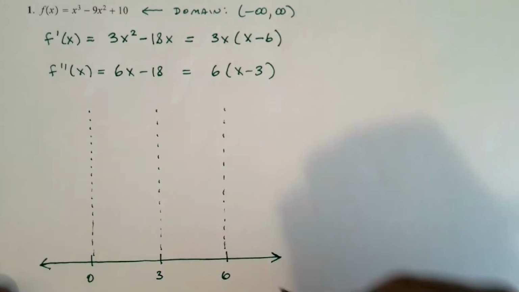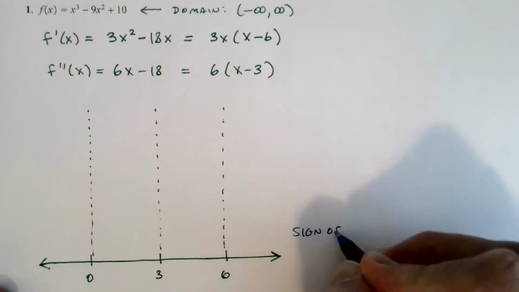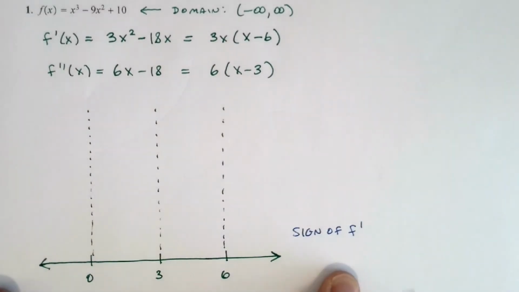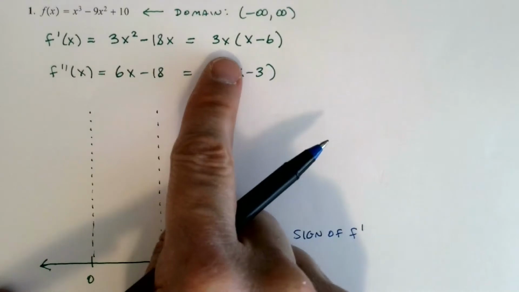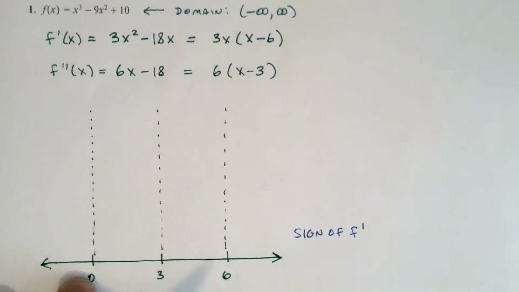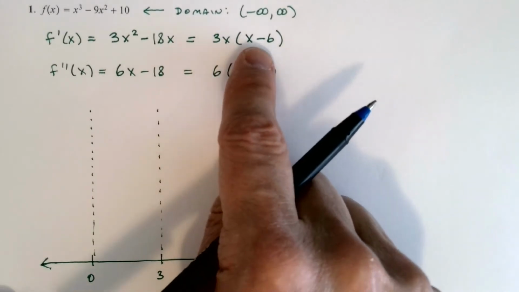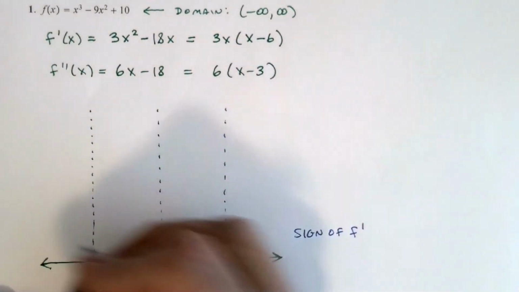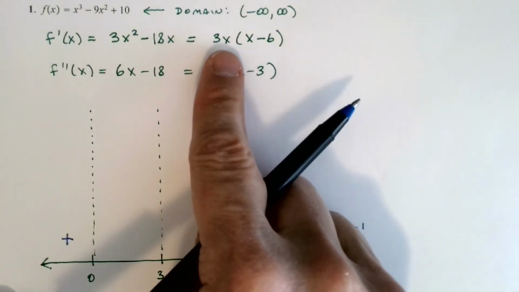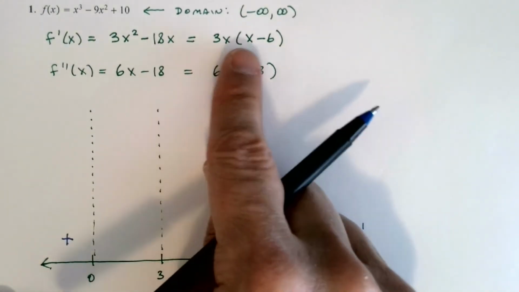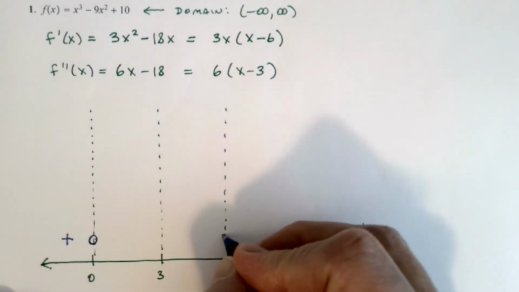So if I look at my first derivative, here's my first derivative. I can use this or this factor form. If I plug in something less than 0, like a -1, I'll get -3 times -7. Negative times negative will give me a positive. Notice it's 0 at 0 and 6, so I'm going to put 0 right above 0 and 0 right above 6.